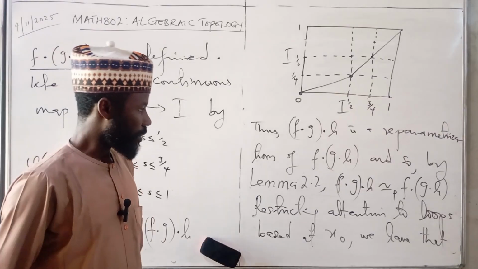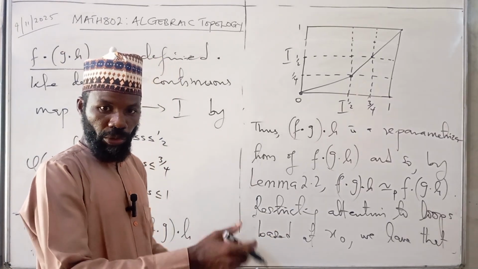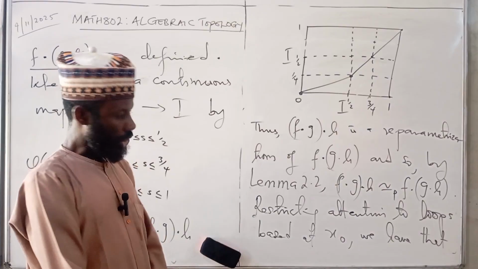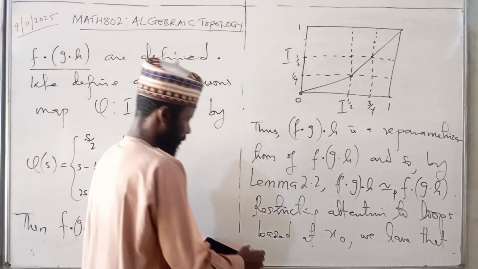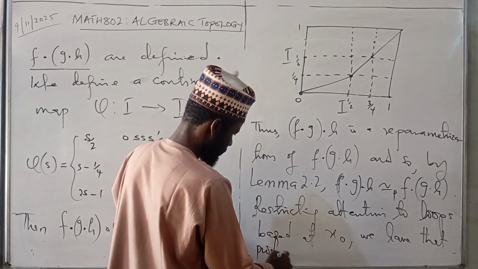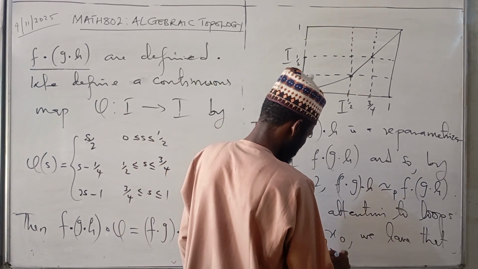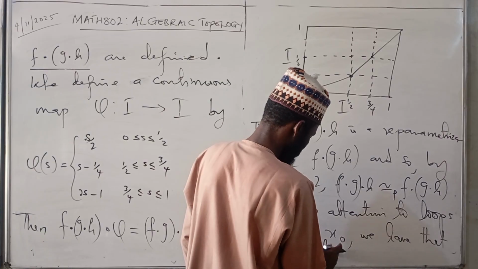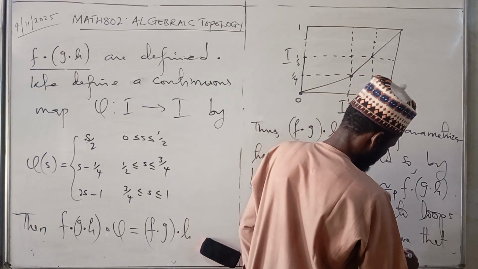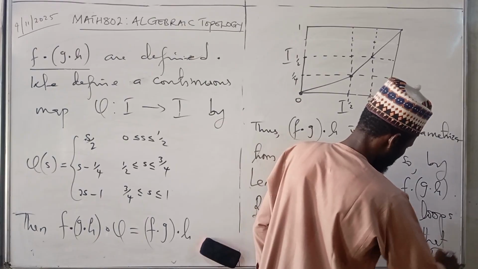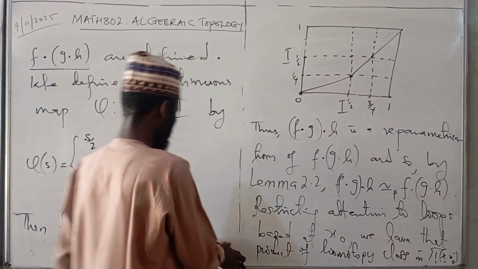So the product of path homotopy classes in pi 1 of X, x naught is associative.